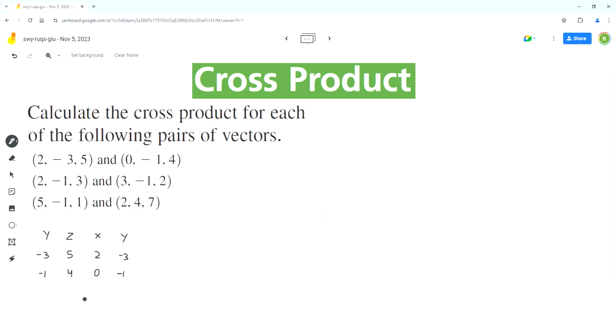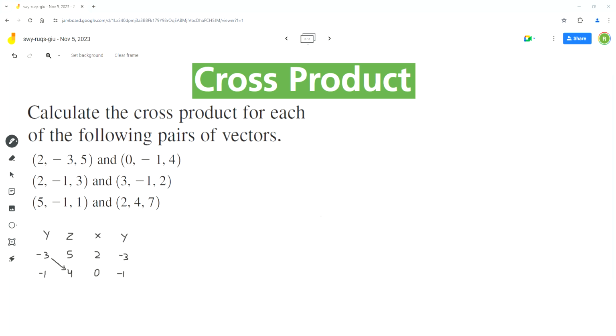So let's start by finding the x component of the vector that we get from the cross product, and for that we need to cross multiply the y and the z components. So we start from the left side and go down. So -3 times 4.